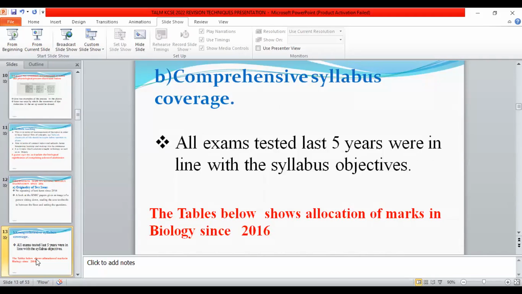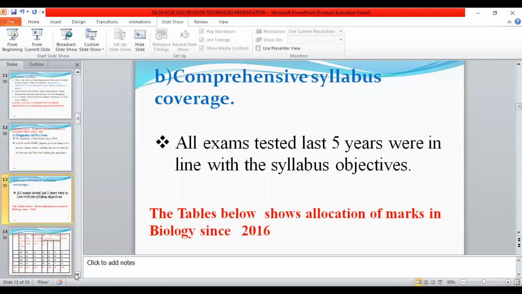Our learners are normally very happy when you tell them that you are through the syllabus because they know that you have given them all that is expected of them. However, despite the fact that they have completed the syllabus, have they completed that syllabus comprehensively? I'm saying this because as we are coming to analyze here, we are going to see that we have certain areas of the syllabus being emphasized in certain years.